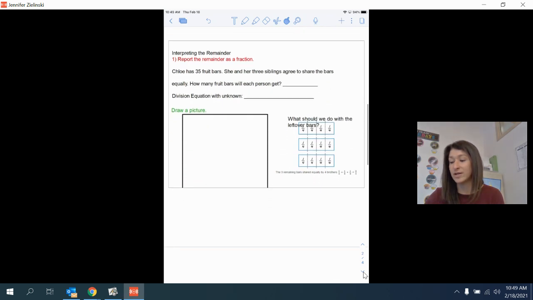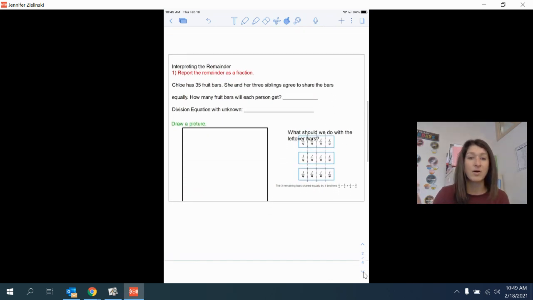Another way that we can interpret the remainder is to think about reporting it as a fraction. So Chloe has 35 fruit bars. She and her 3 siblings agreed to share the bars. So we need to think about, we've got 35 fruit bars, but we have she and her 3 siblings.